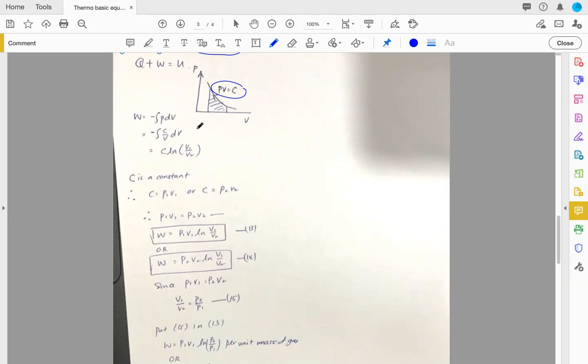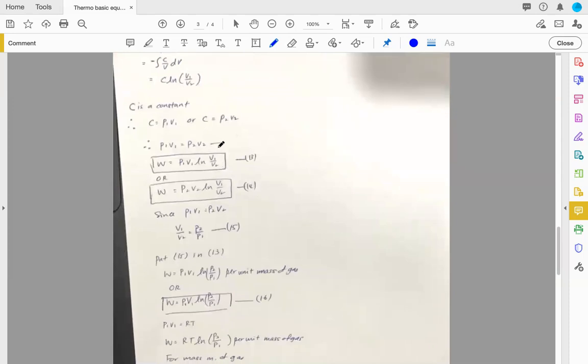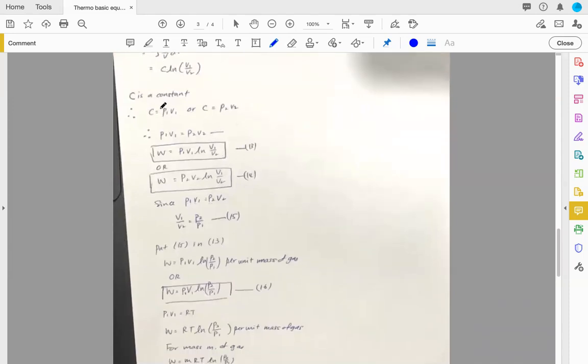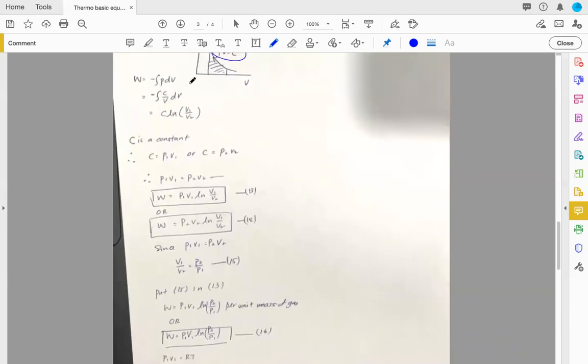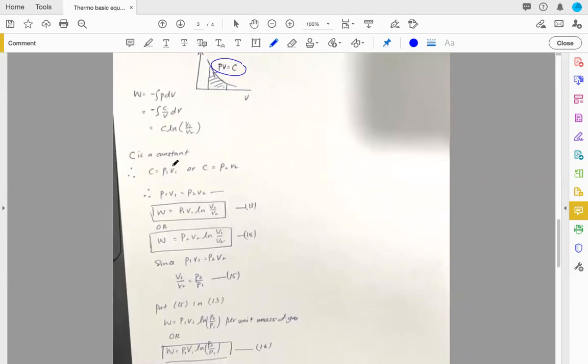Because we want to find other ways to solve the isothermal condition. So be patient, yeah? C is constant, yeah? So since this C is constant, I will say C equals P1V1 or C equals P2V2.